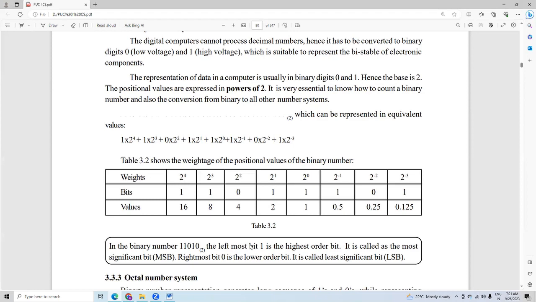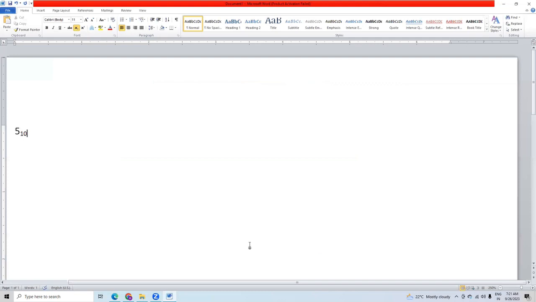Whenever you are writing a binary number, remember you have to write it like this. Say I am writing 10111, then in the bracket it should be like this, right? Then only it's a binary number.